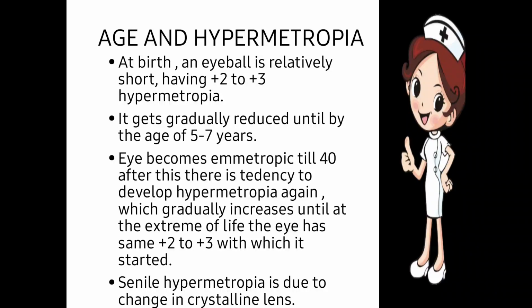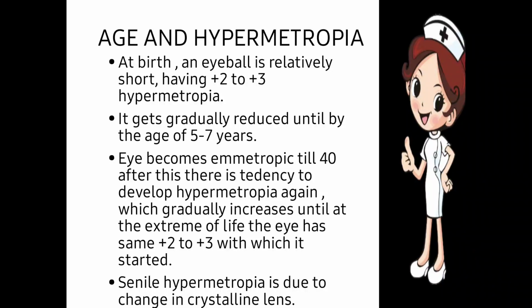At the time of birth the hypermetropia was present, which was +2 to +3, but it decreases as the age increases. After 40, that condition starts, and at the end of life the same +2 to +3 power should be given to the patient.